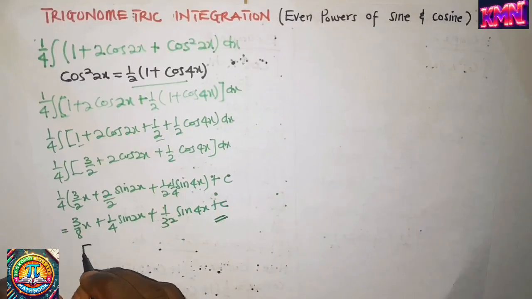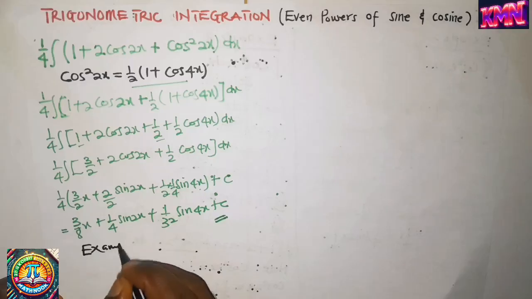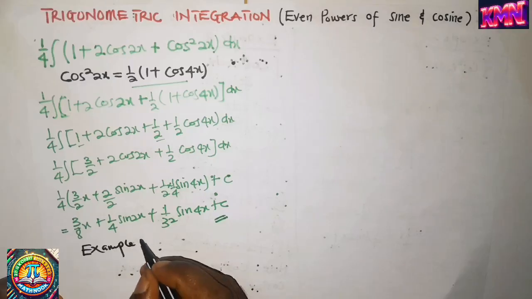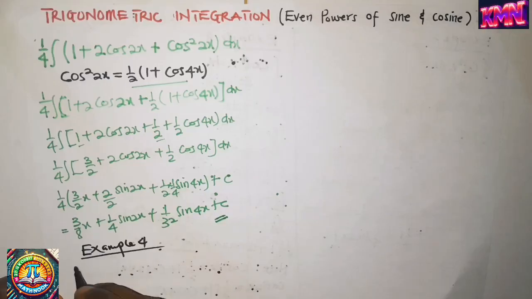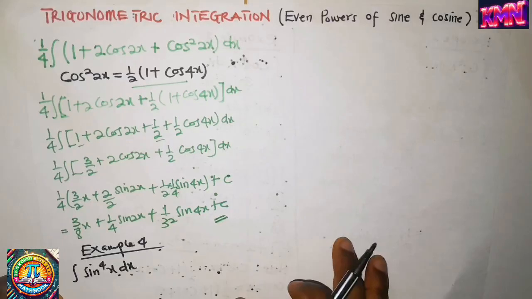We can also try that for sine. So we are going to find the integral of sine to the power 4x dx. The same method, you can pause the video to try this, and after that you compare it with my suggested solution.